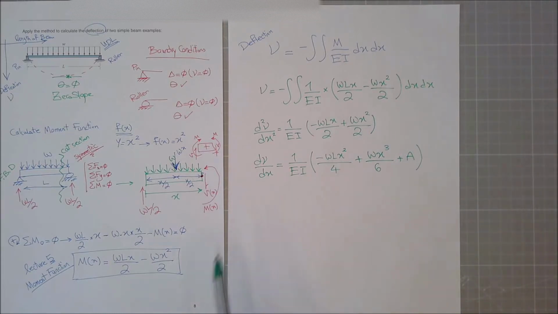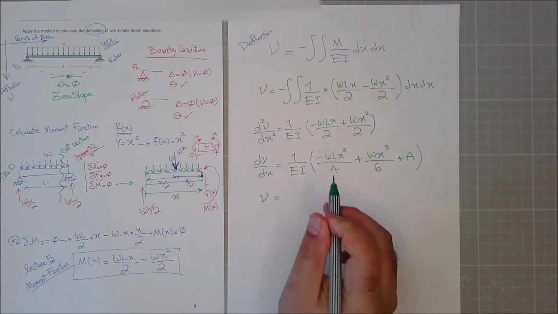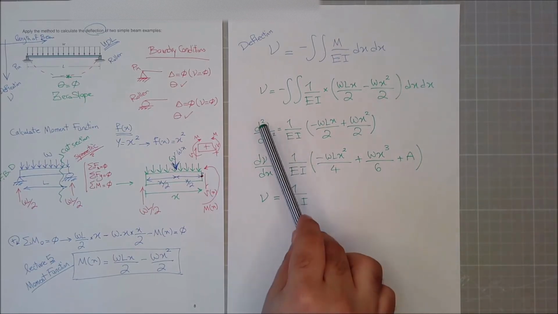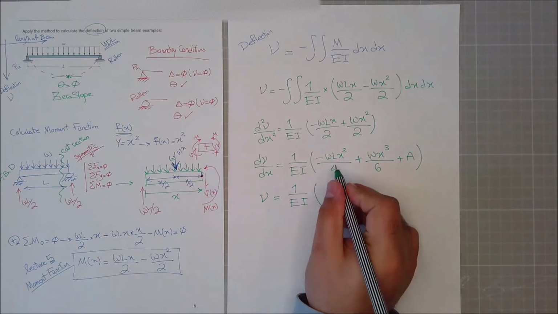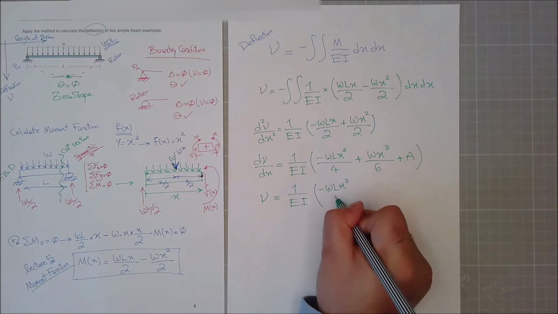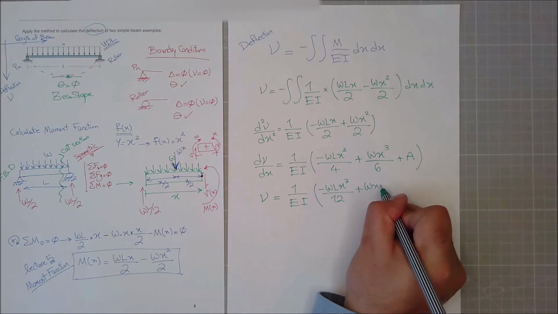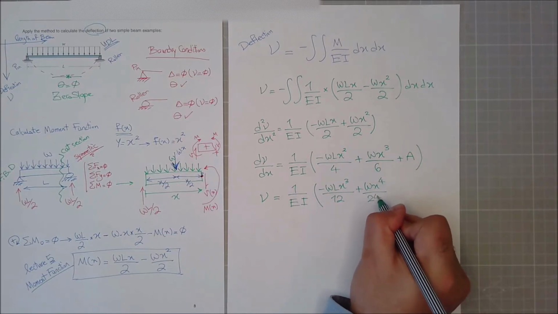Let's get another integration from both sides. We end up with this. You see, double, single, actual. Let's do the integration again. Negative WL x to the power of 3, 3 goes down, 12, plus Wx to the power of 4, 4 goes down, 4 times 6, 24.